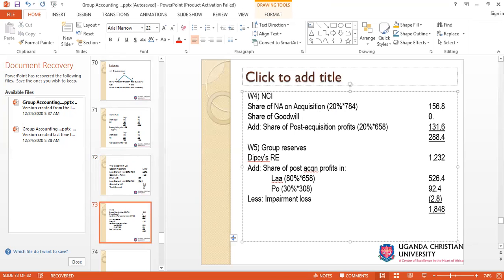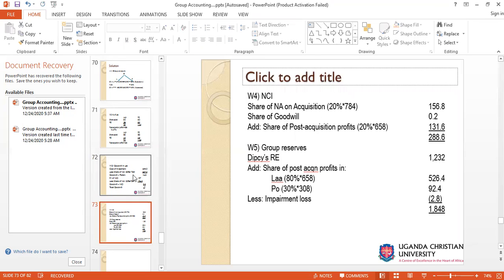This one changes to 288.6, because when you add 0.2, it comes to 288.6. So these are the net assets of the subsidiary. The subsidiary also has a share of goodwill, a share of profits, then a share of other assets. That one you must correct.